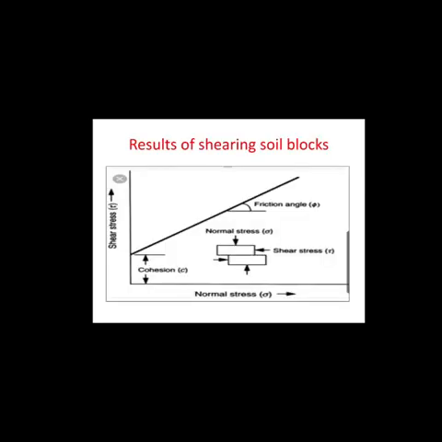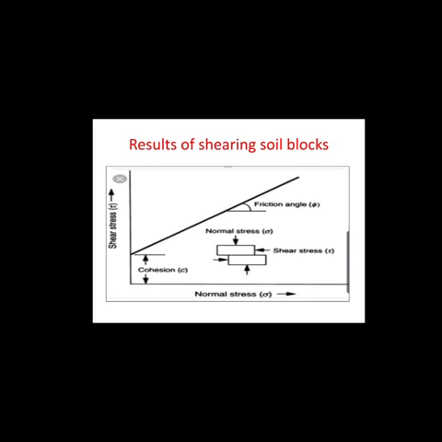When this straight line is extended, the y-intercept is obtained. This y-intercept represents the cohesion intercept C of the soil. The slope of the straight line represents the angle of internal friction, or angle of internal resistance, phi.